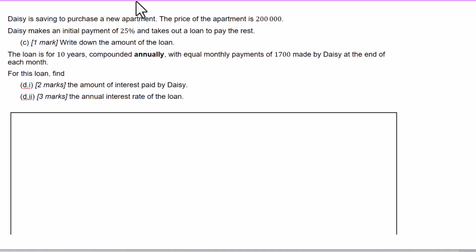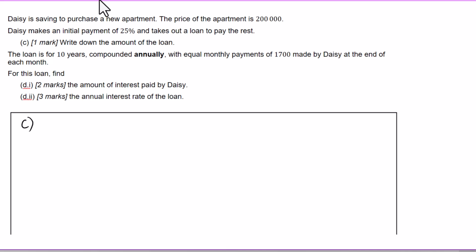Daisy is saving to purchase a new apartment. The price of the apartment is $200,000. Daisy makes an initial payment of 25% and takes out a loan to pay the rest. Write down the amount of the loan.